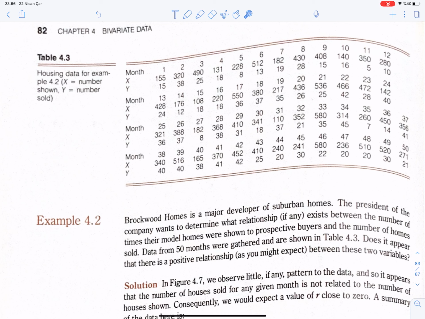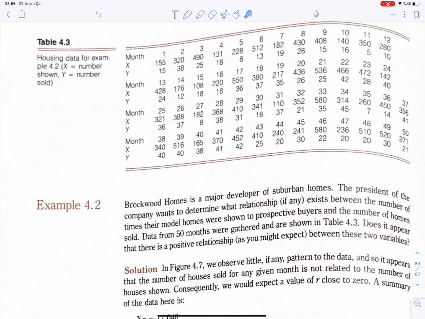There is another data set you can study yourself. Brockwood Homes is a major developer of suburban homes. The president of the company wants to determine what relationship, if any, exists between the number of times their model homes were shown to prospective buyers and the number of homes sold.